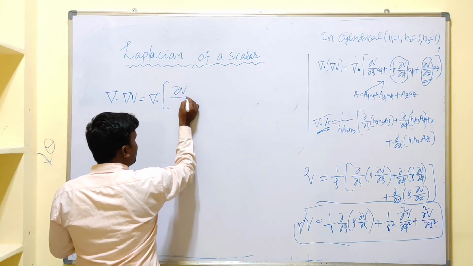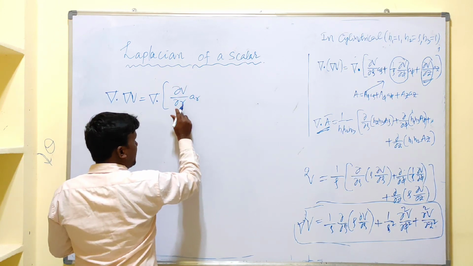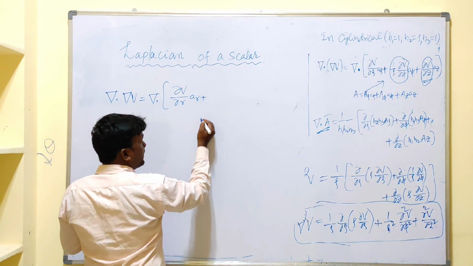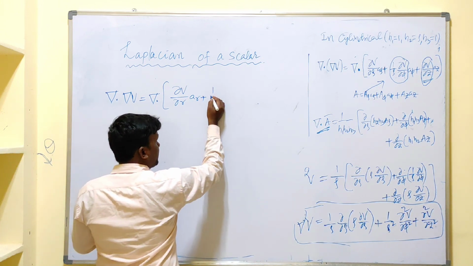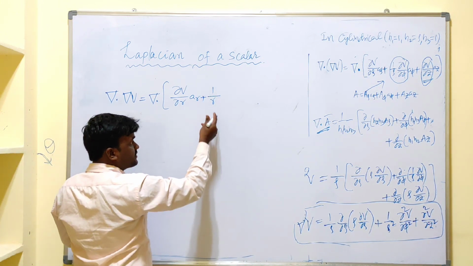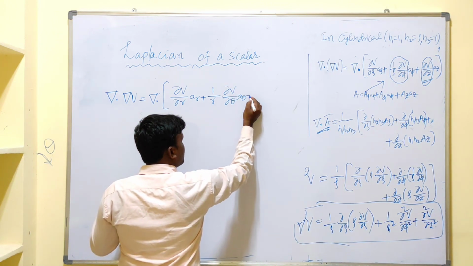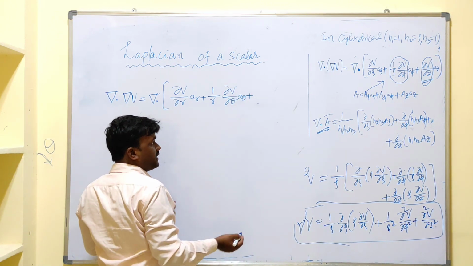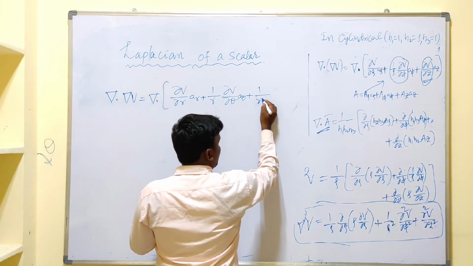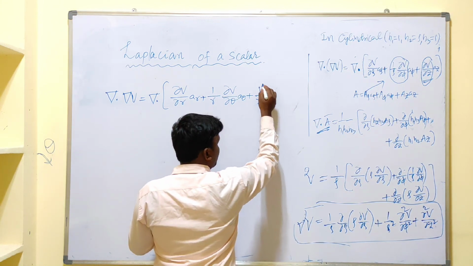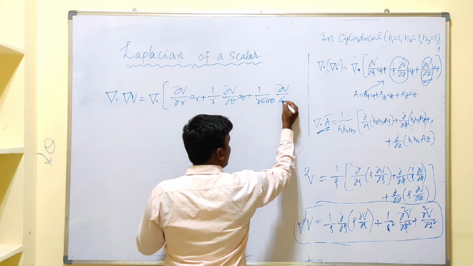That is ∂V/∂r a r, r no angle, and the second element is theta. Theta is the angle made by r, that's why we have to take like this, 1 by r ∂V/∂theta a theta. And the last element, phi. Phi is the angle made by r sin theta, that's why I have taken 1 by r sin theta, ∂V/∂phi a phi.